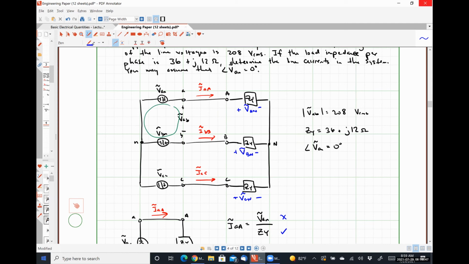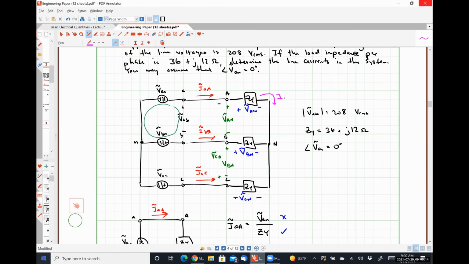We could also, if we wanted to, determine our line voltages. And I guess I'll do them in pink because I'm running out of colors.